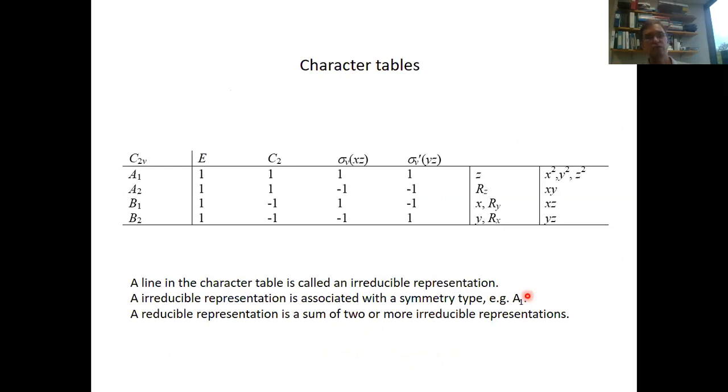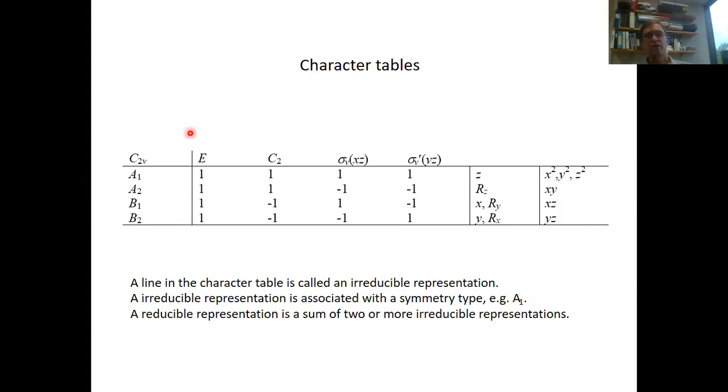A symmetry type is associated with an irreducible representation within the character table for the respective point group. The character tables are a product of group theory, and we can use these character tables that are available in books and literature in order to determine the symmetry types of these ligand group orbitals.